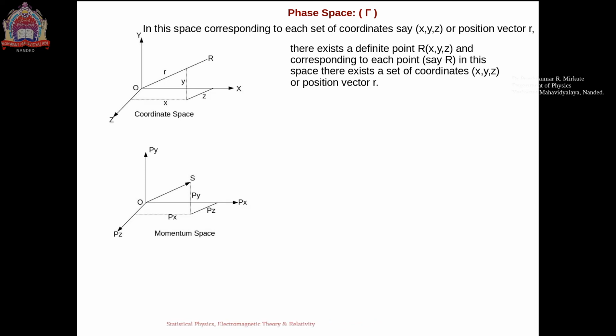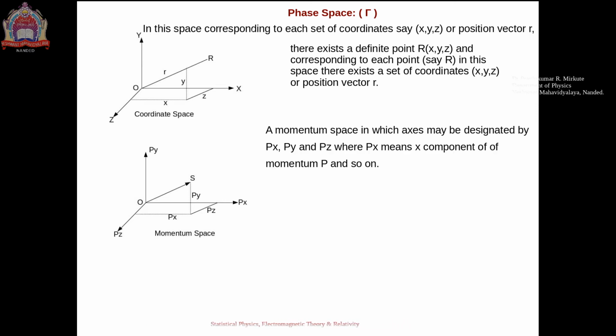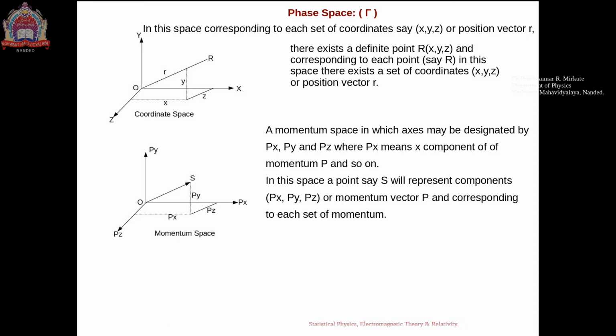The phase of the motion of a particle, that is, its position and momentum, can be represented by a point in the phase space. A point in the phase space which represents the position and momentum of a particle is called a phase point corresponding to the particle.